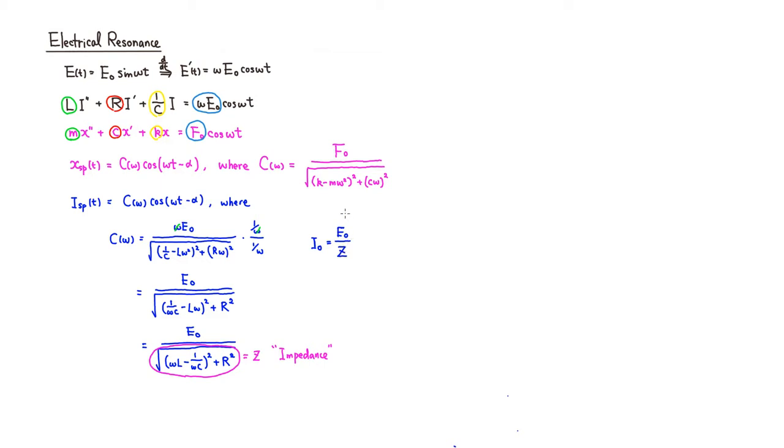If you compare that with Ohm's law, which goes something like this, you have I is equal to the voltage divided by resistance R. So this is Ohm's law, and the impedance Z corresponds to the resistance R. You can think of Z as analogous to a resistance in Ohm's law, but this is called impedance.